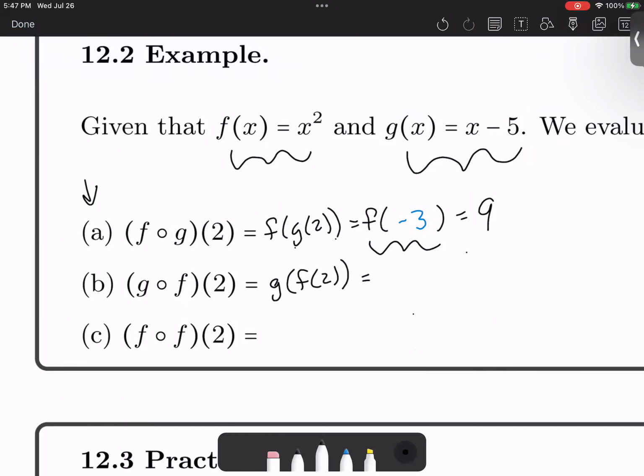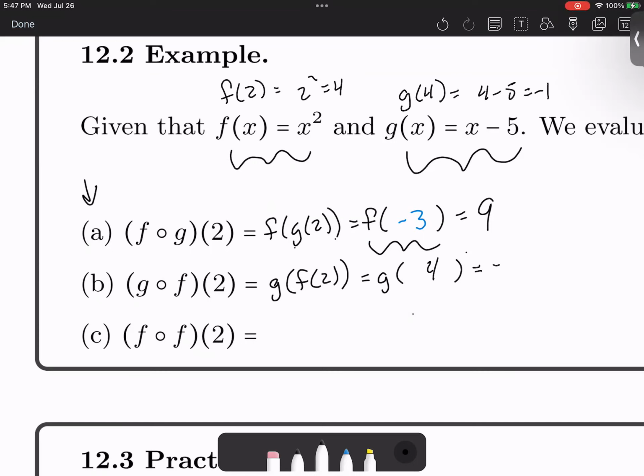All right, let's keep g on the outside for now and figure out what f of 2 is. F at 2 is 2 squared, 4. G at 4 is minus 1. Cool. So 2 underneath f gives us 4, and then underneath g gives us minus 1.